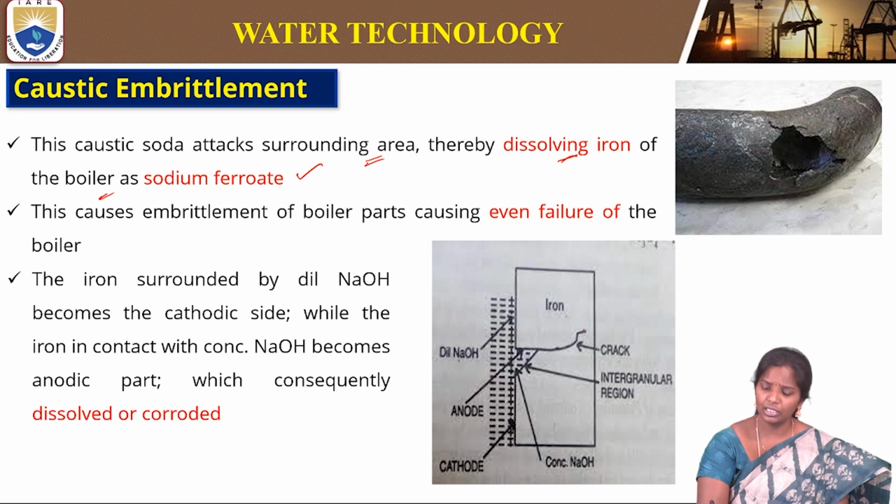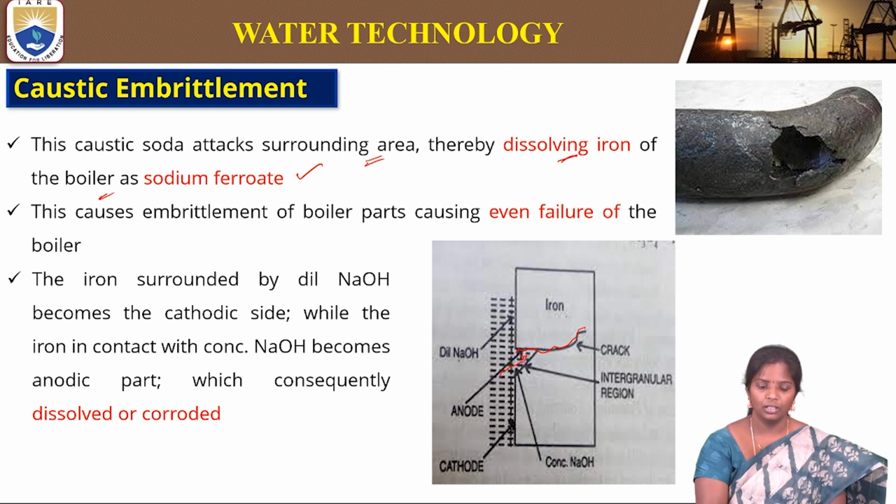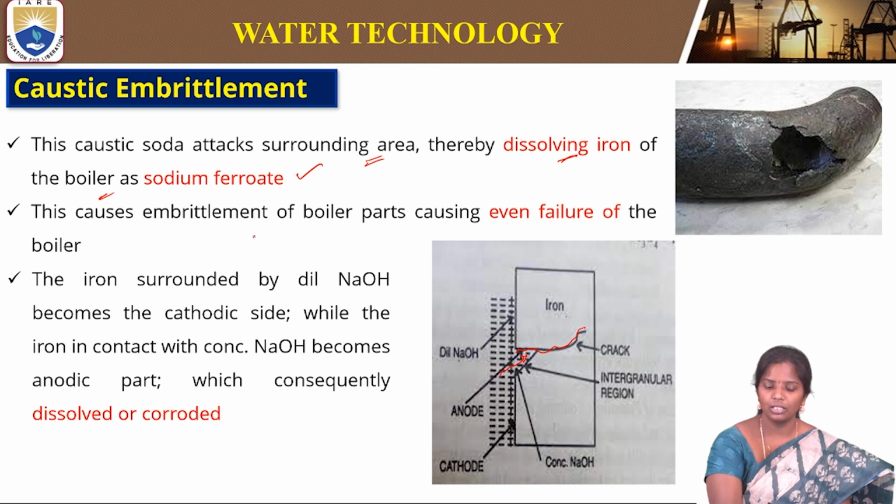If this is the crack, for example, it will be diffused into the crack. This causes embrittlement. This iron will form sodium ferrite, ultimately leading to failure.